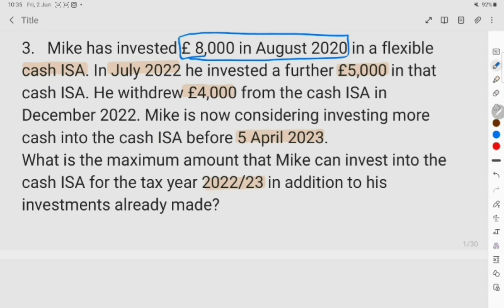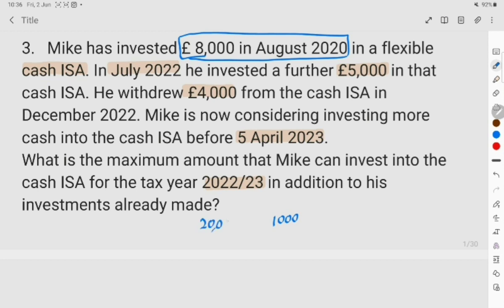It is only the current year investment and withdrawal that we have to consider. So 5,000 is the investment made and 4,000 out of this has been withdrawn.